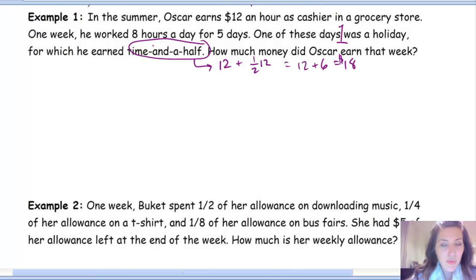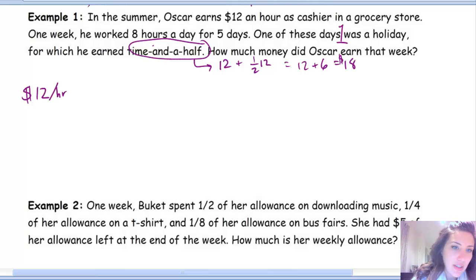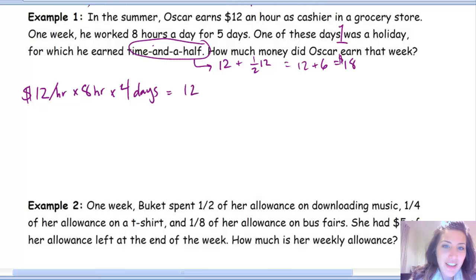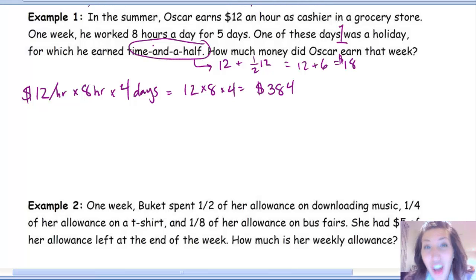So let's figure this out. We should look at the 4 days and then again at that one time and a half day. So he made $12 an hour times 8 hours a day times 4 days equals 12 times 8 times 4 equals, he made $384. Okay, but then on that 5th day, he earned time and a half.